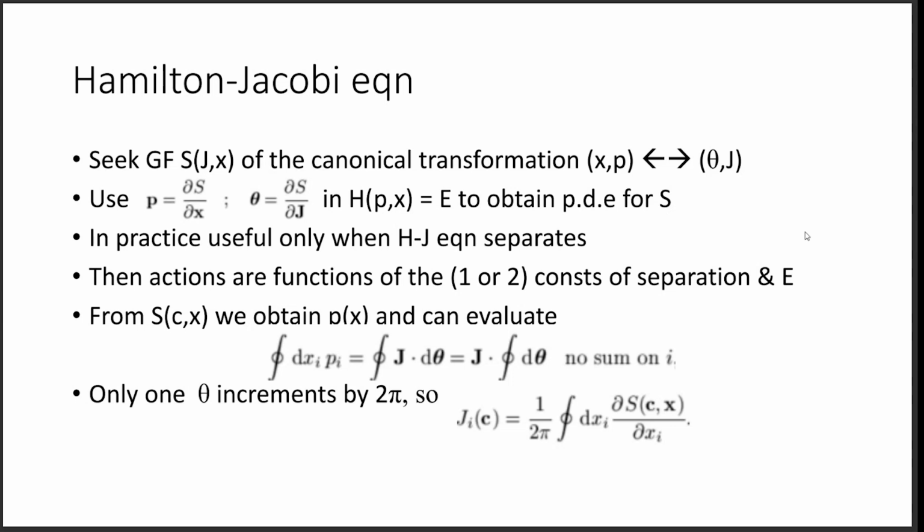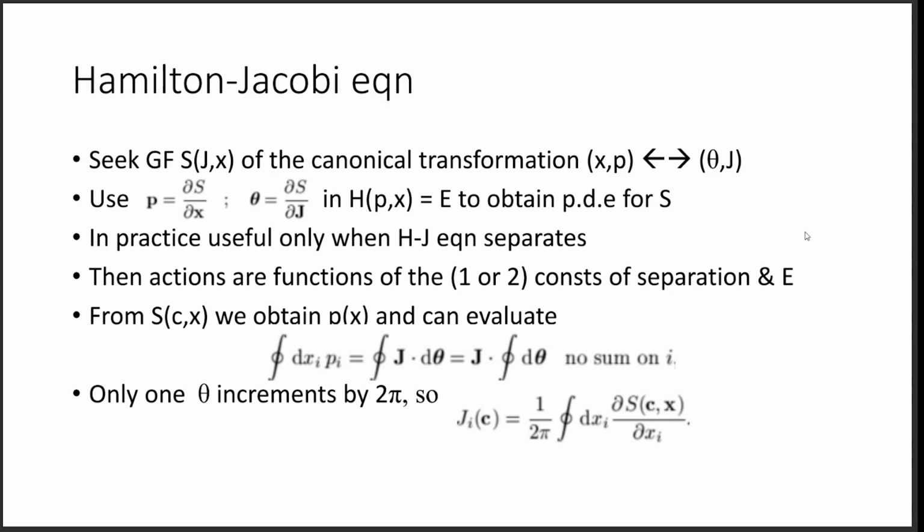So what we're going to look for is the generating function S, depending on a newfangled momentum, J, and an old coordinate X, ordinary boring spatial coordinate, for the canonical transformation that takes us from X and P, ordinary coordinates, to the angle action coordinates, which make dynamics trivial.